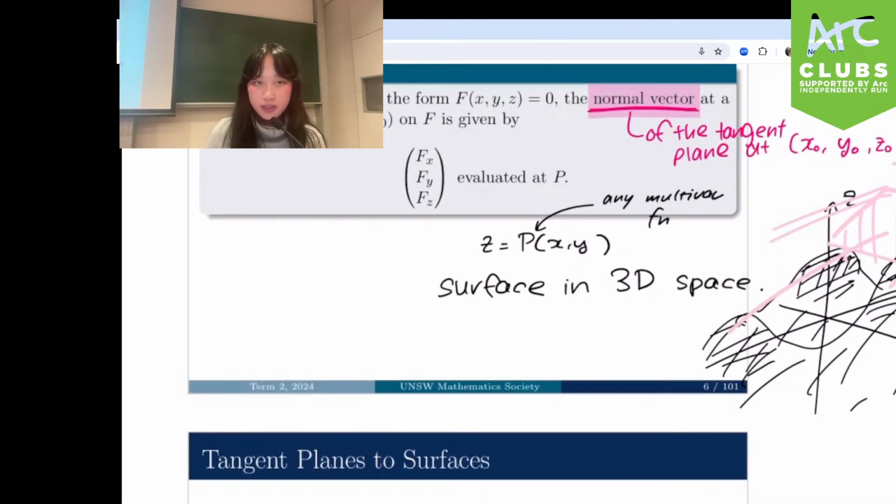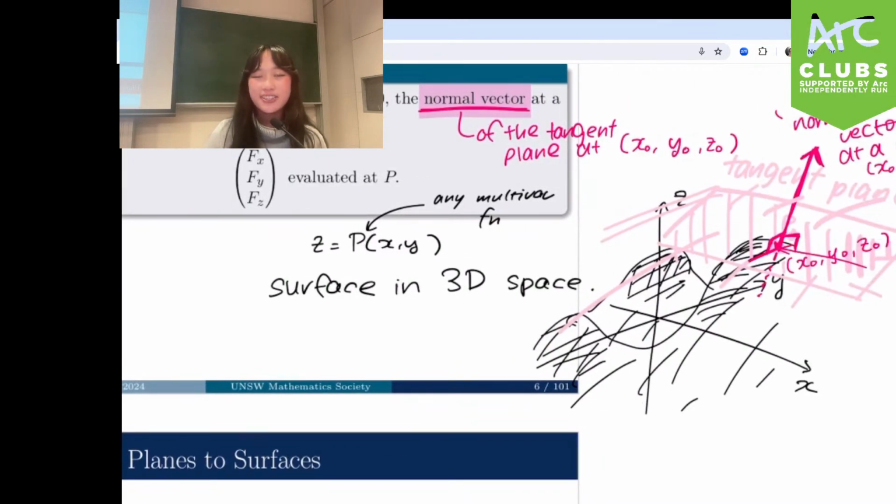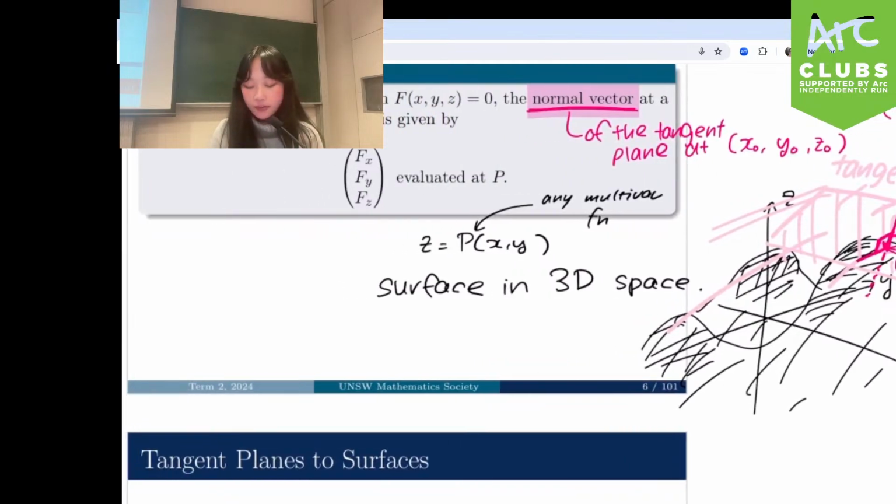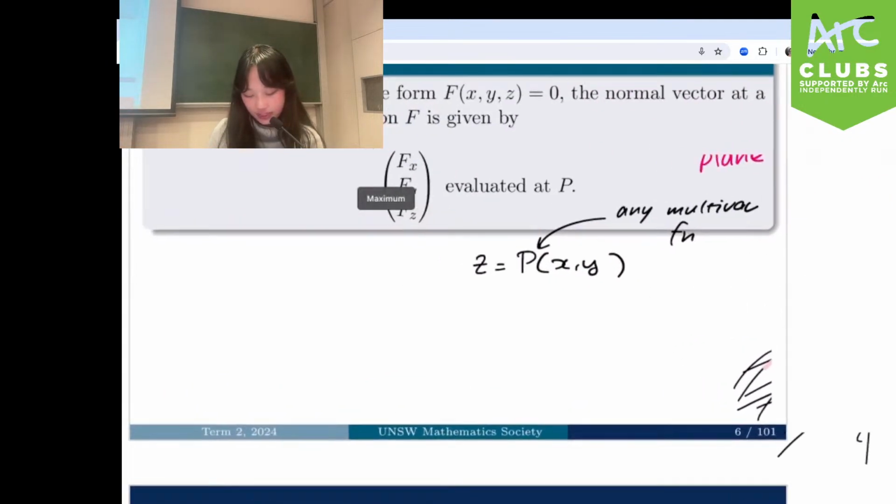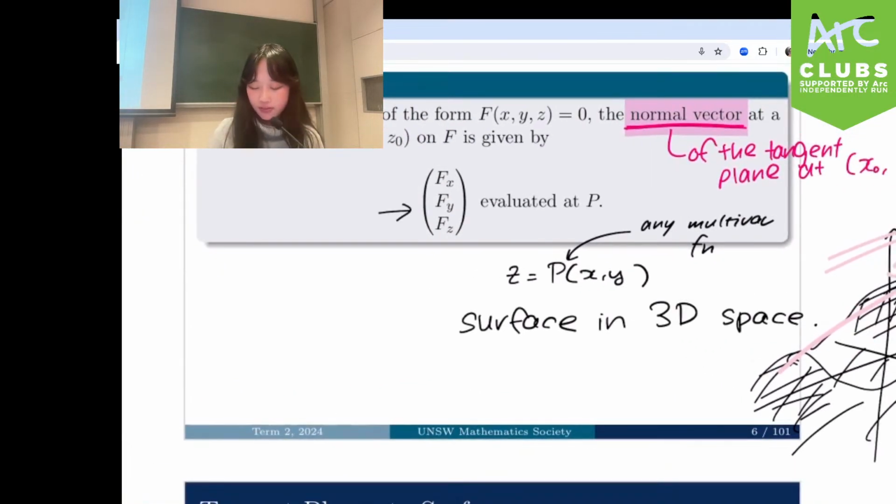Okay? So here we're evaluating the normal vector, which is that vector in the bright, bold, neon pink. There's a very specific formula that we use to evaluate this normal vector, and it is this. It's that right there.